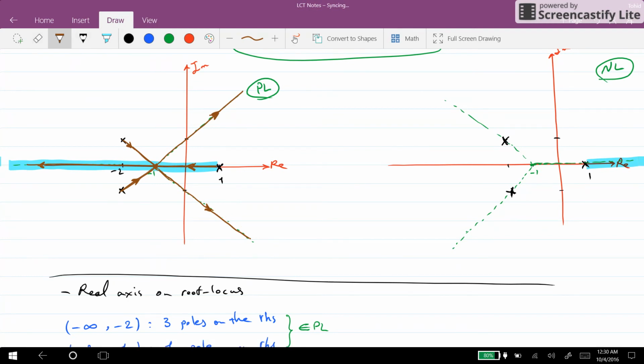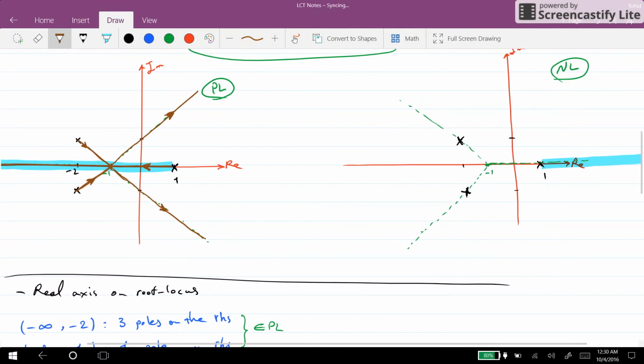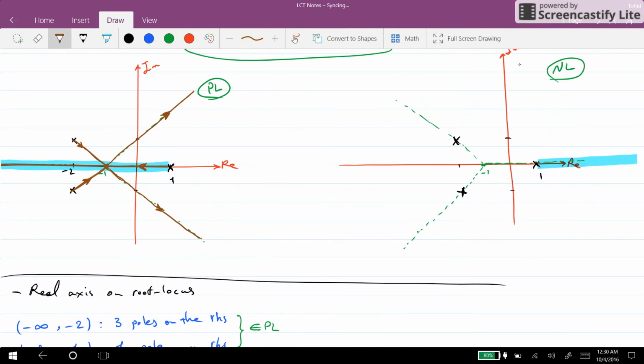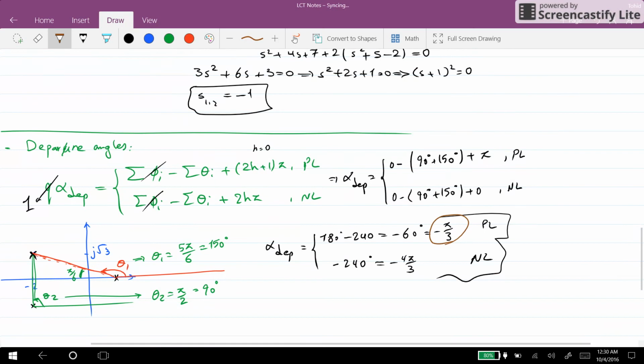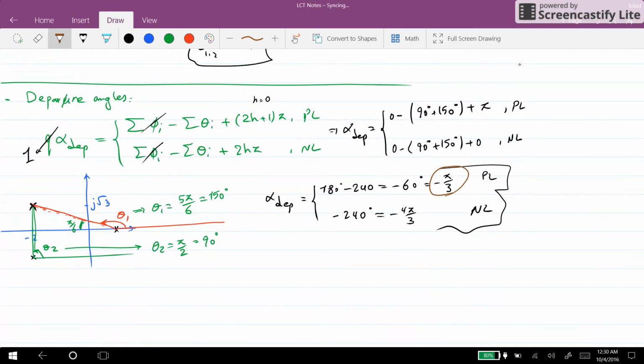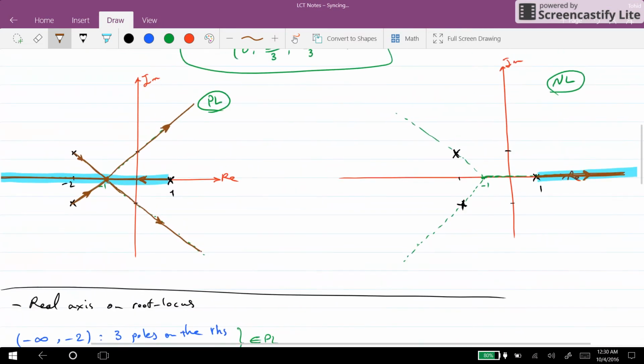So what do we have for the negative locus? This pole here will move towards plus infinity on the real axis. The angle of departure for this pole, for the negative locus, is equal to minus 4 pi over 3.